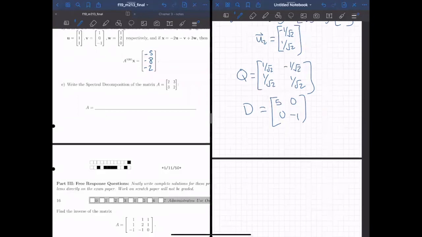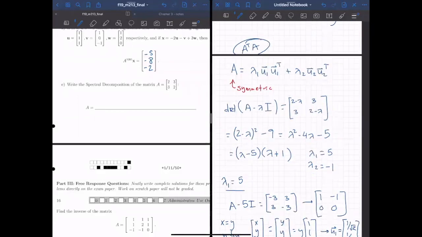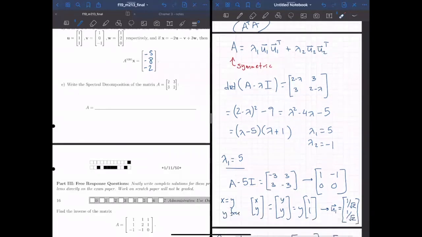So for the spectral decomposition, remember the thing that we want to do is build this formula here. I'm going to plug in my eigenvalues and my eigenvectors.